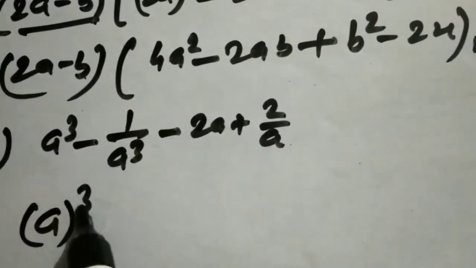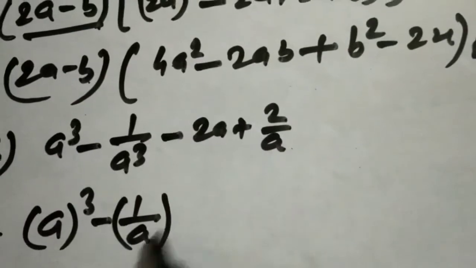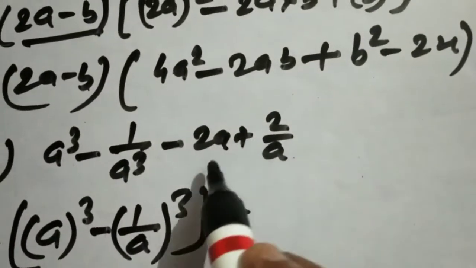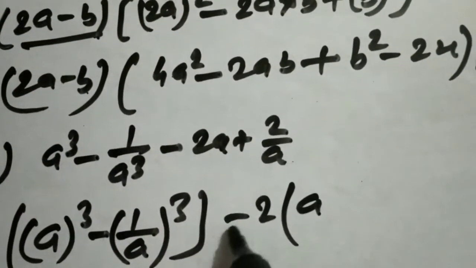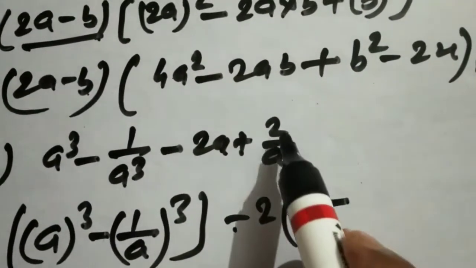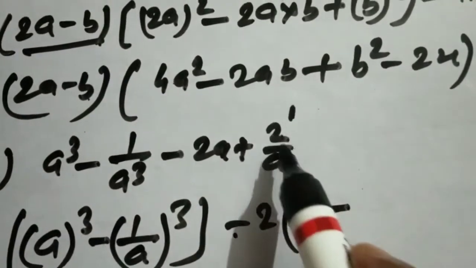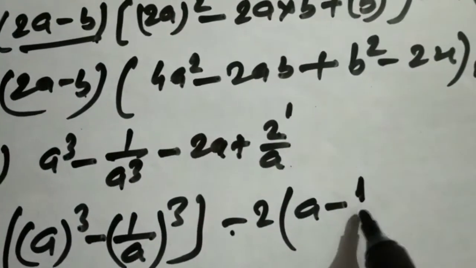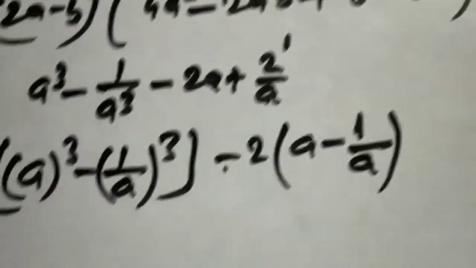A cube can be written as a the whole cube, 1 by a cube can be written as 1 by a the whole cube, and then minus 2a is here, so 2 is common, then a will be left here, and minus when multiplied by plus will be minus, and 2 is taken as common, then 1 will be left here, and 1 upon a will be left here.